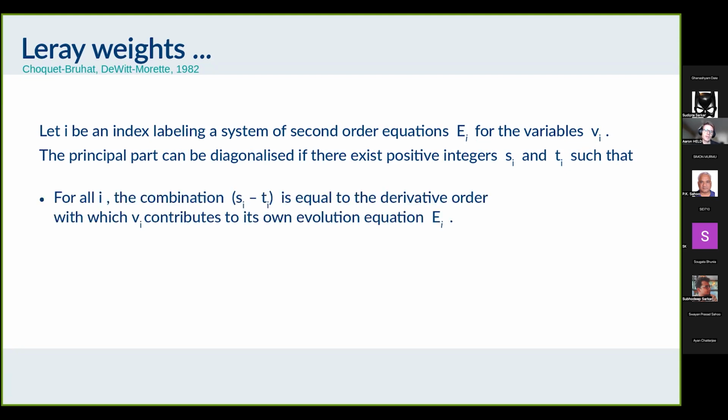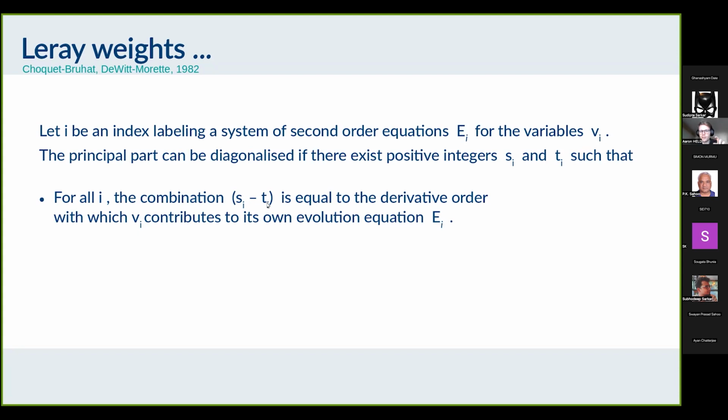So the two conditions are basically telling you the prescription of how to diagonalize the system. So first, you focus on the variables which contribute to their own evolution equation, which means that the I is supposed to be the same. And then you can find a set of integers for which this combination, s_i minus t_i, characterizes the order of the respective equation.